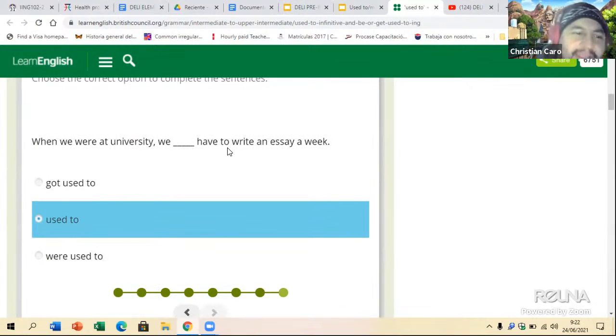Oh, we used to have. Yeah, I explain why. It's too redundant to say we got used to have to write or we were used to have to write, right? And the cleanest way to say this is we used to have to write. Solíamos tener que escribir, right? Because como les decía, nosotros tuvimos que tener que escribir o tuvimos que tener que acostumbrarnos.